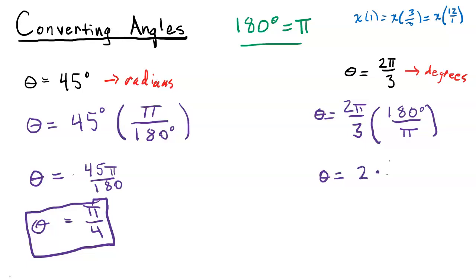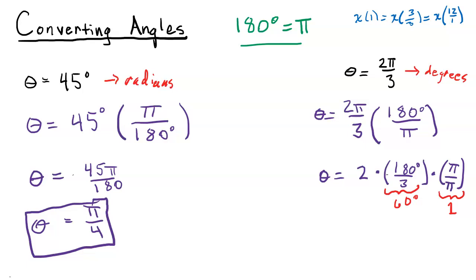So we get theta equals 2 times 180 over 3 times pi over pi. I'm just writing this out to show you how things simplify. And then this goes to 60, and this is equal to 1.